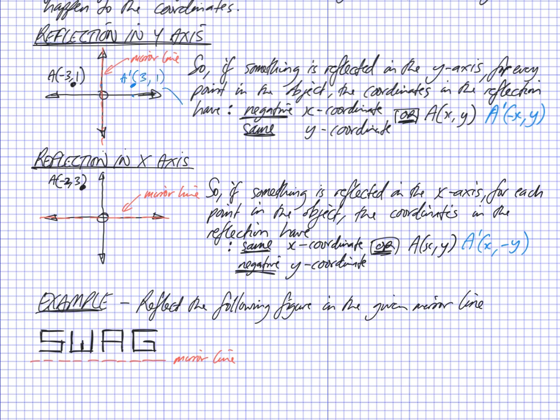And you can see that that follows the rule here, that if you reflect in the y-axis on a Cartesian plane, the x-coordinate is going to be a negative version of what it used to be. It was already negative, so negative of negative is a positive, and the y-coordinate is going to remain the same. So negative x-coordinate, same y-coordinate. That's what happens if you reflect in the y-axis.